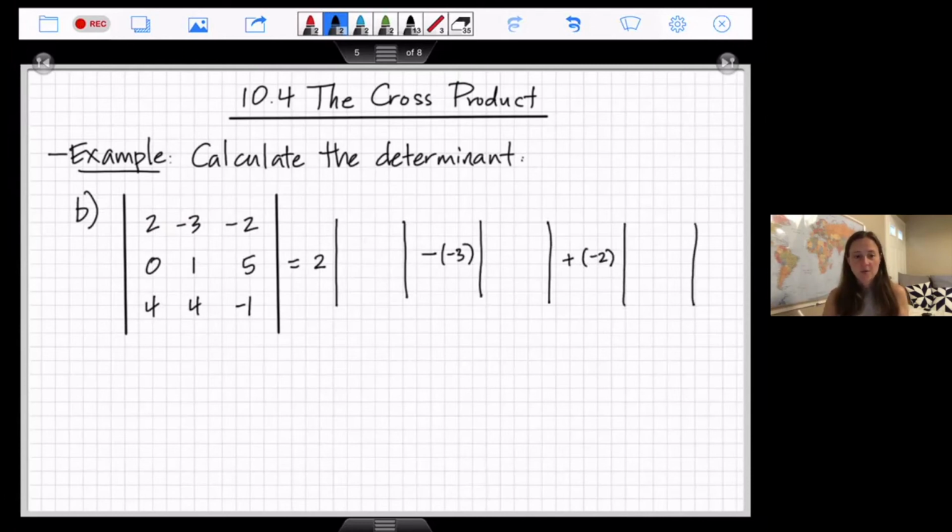Okay, so I go from the 2, cross out its row and column, 1, 5, 4, -1. Middle term, cross out the -3's column and row, 0, 5, 4, -1. And then my last term, crossing out the column and row for -2, and I get 0, 1, 4, 4.